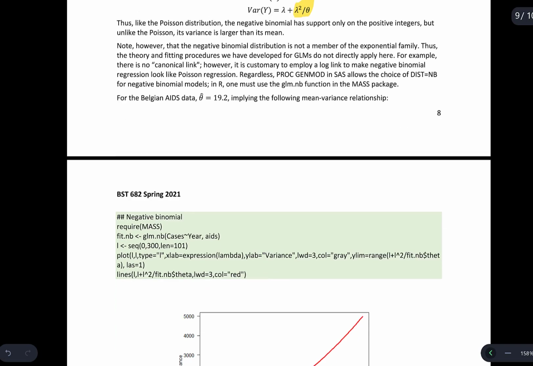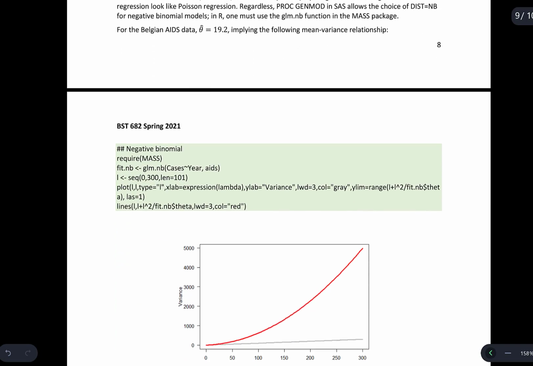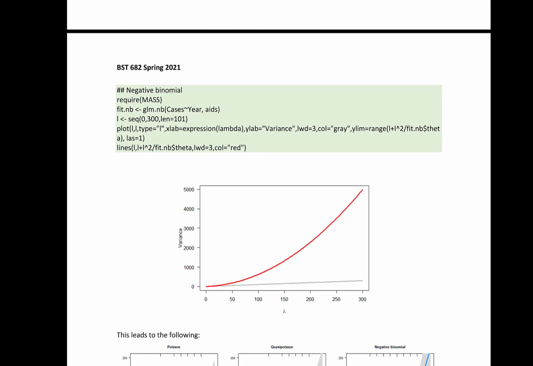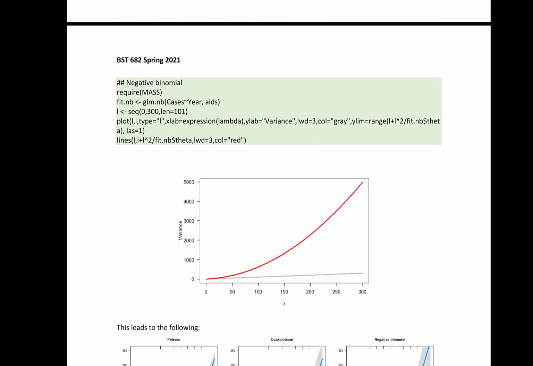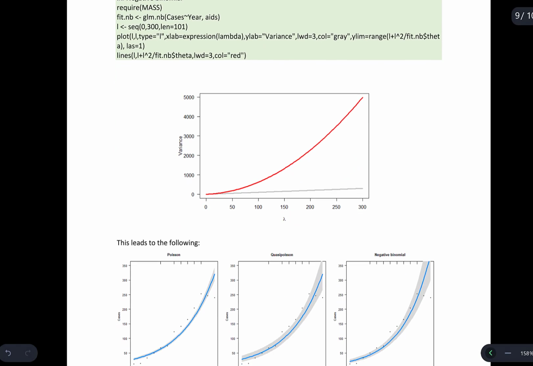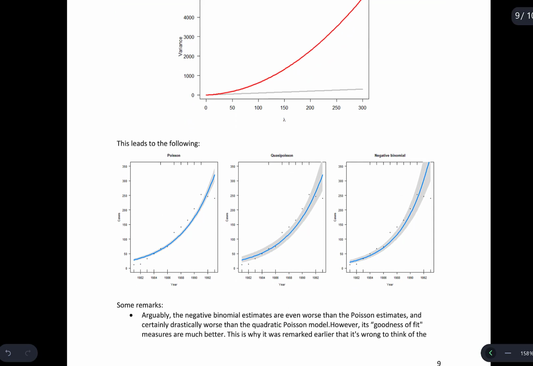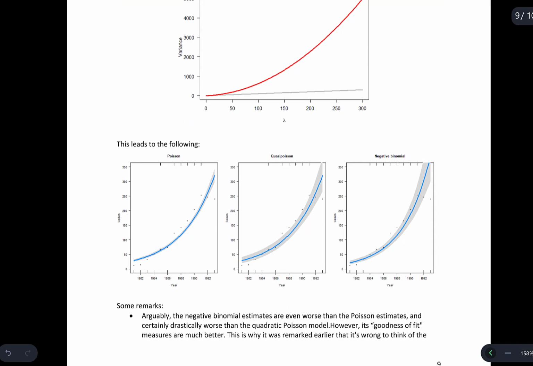So for the Belgian AIDS example, theta hat is equal to 19.2, implying the following mean-variance relationship that you can see right here. This leads to the following comparison between the three different methods: the regular, plain Poisson regression, the quasi-Poisson, and the negative binomial.